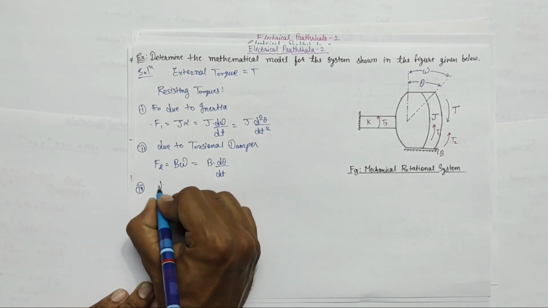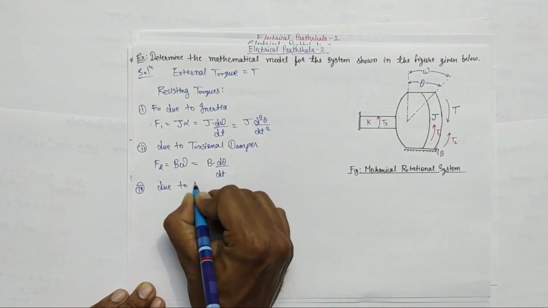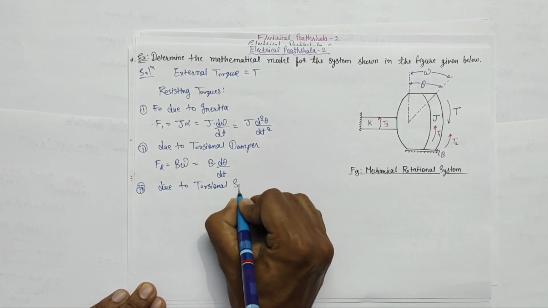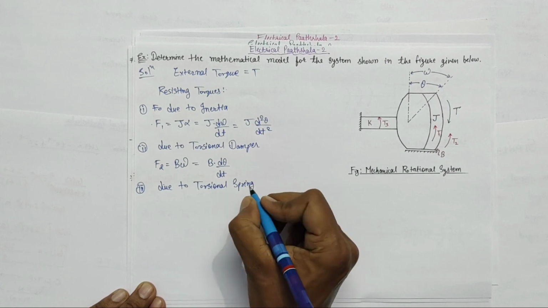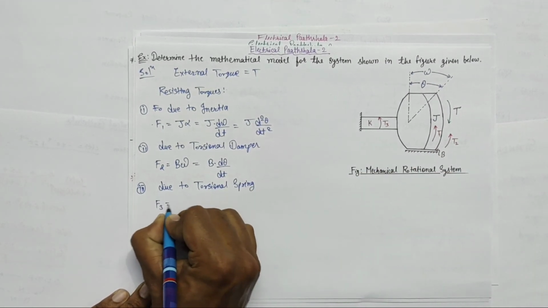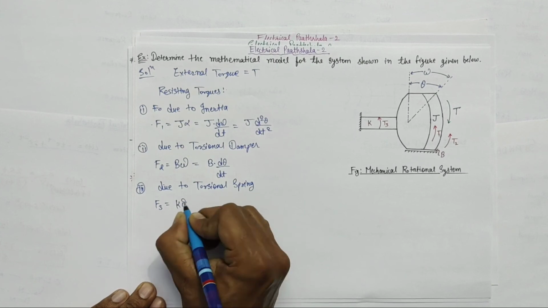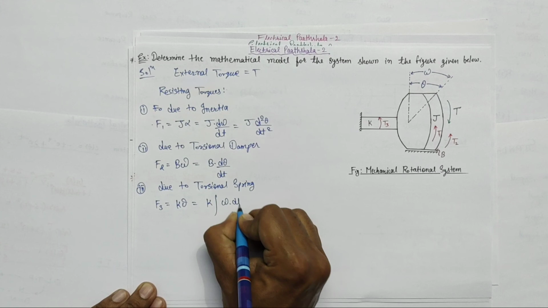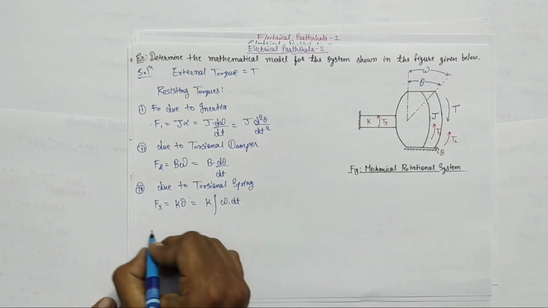Similarly, the resisting torque due to the torsional spring element, which is nothing but the stiffness of the body, is given by T3 is equal to K into theta, or K into the integral of omega dt.